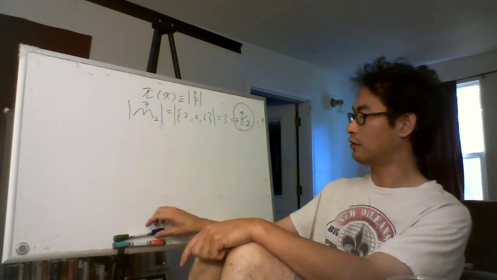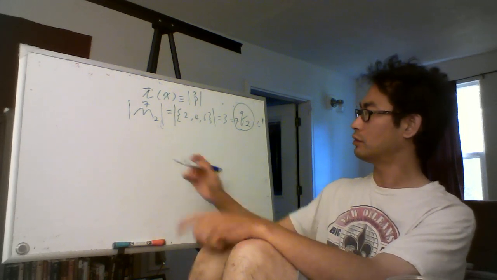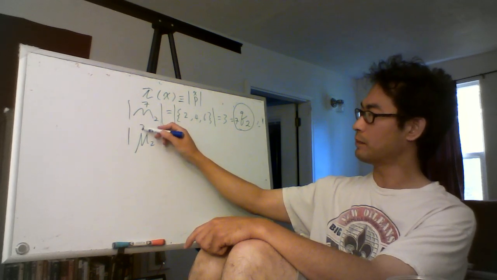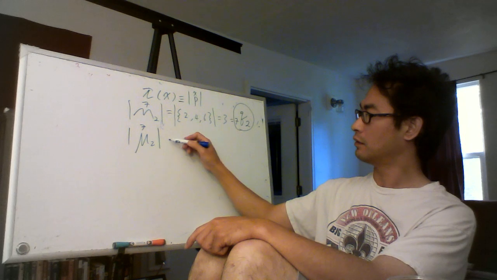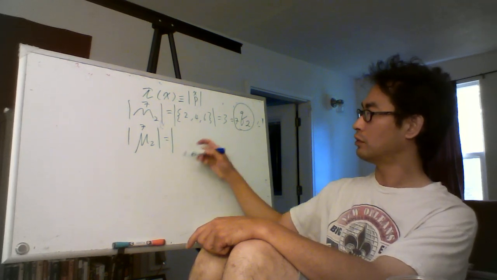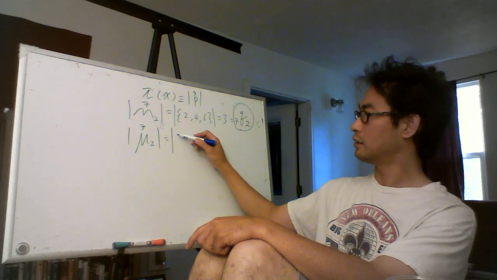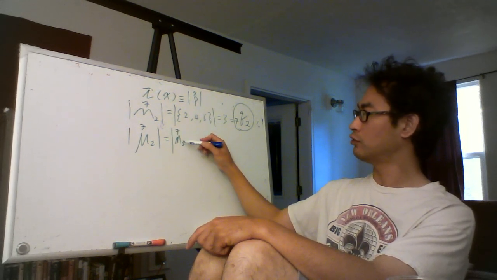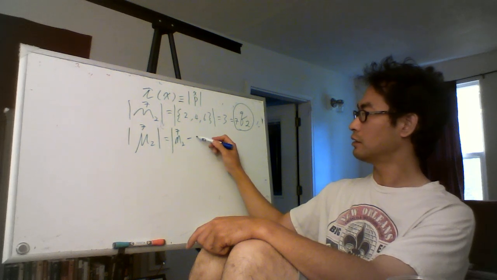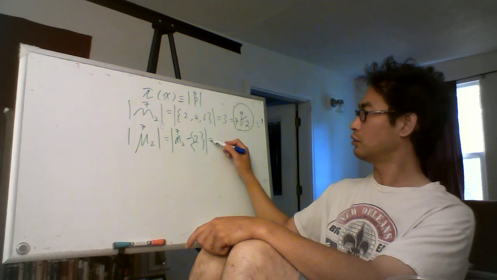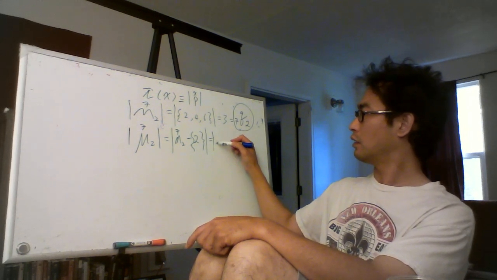Okay, now how about mu? Mu top 7. What is mu? Is this m to 7, n top 7 minus 2 is equal to m?